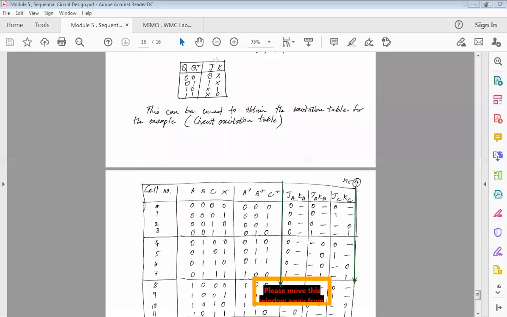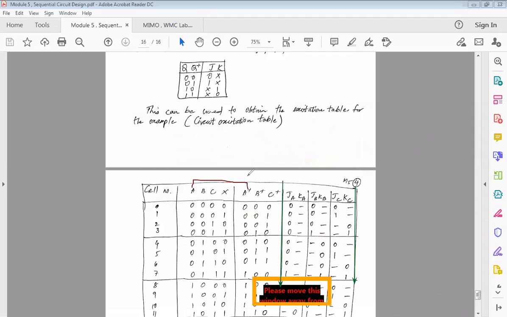Can you tell me how we are getting this? Now you can look at your circuit excitation. I want all of you to pay attention here. Compare A with A plus.